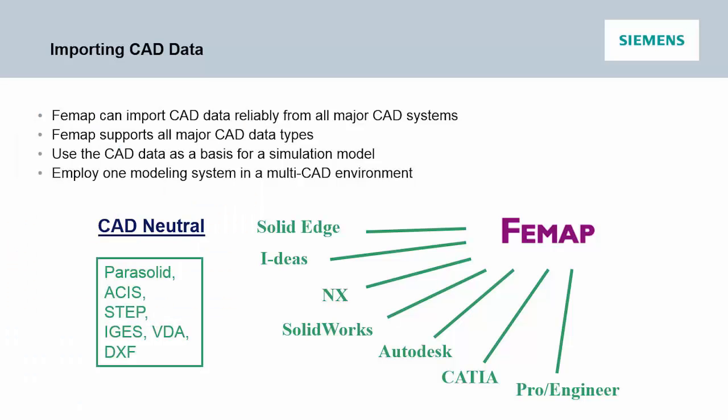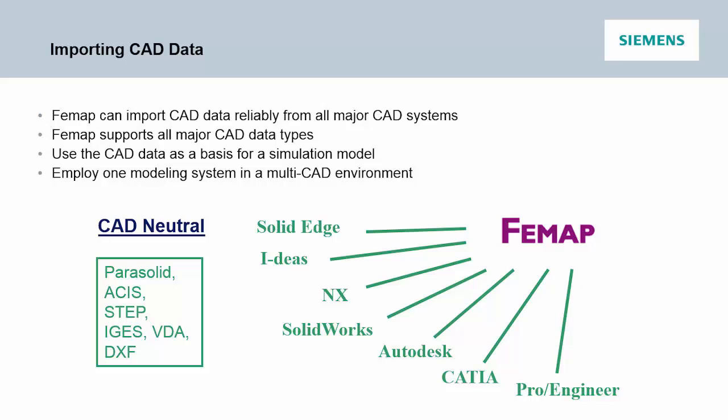In today's environment of 3D solid modelers, the simulation process often starts with geometry obtained from a CAD system. FEMAP can leverage and import the CAD model from most CAD systems and use it as a starting point to create the simulation model.